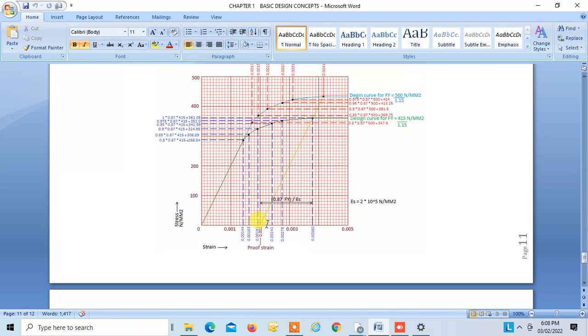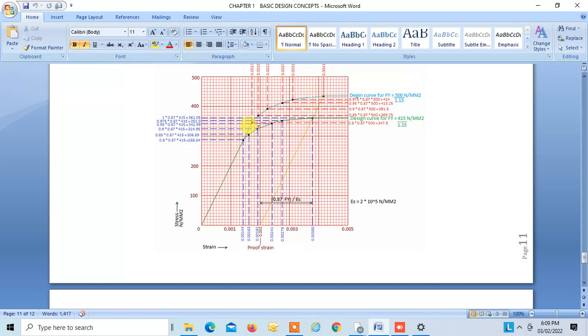So in case of cold bars, there is no specific yield point. What we do, we take a proof strain of 0.002, we draw a line parallel to this line, and wherever it cuts the graph, at this point we assume that the steel reaches the yield stress, that is 0.87 fy. This is for Fe500, this for Fe415, right?